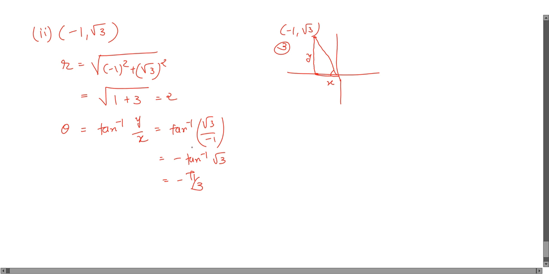Here, ignoring this minus sign, because we are getting this theta, and we have taken this negative sign, but there is no need of taking the negative sign. If you ignore that, then you are getting this π/3, and this angle is π/3.